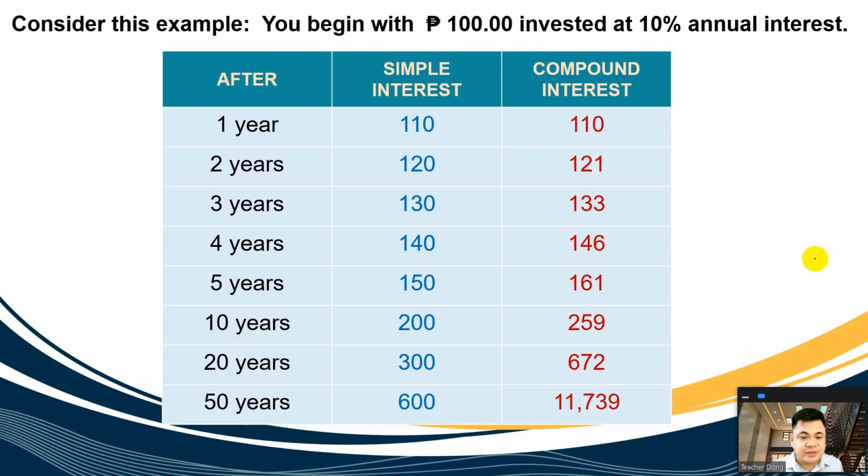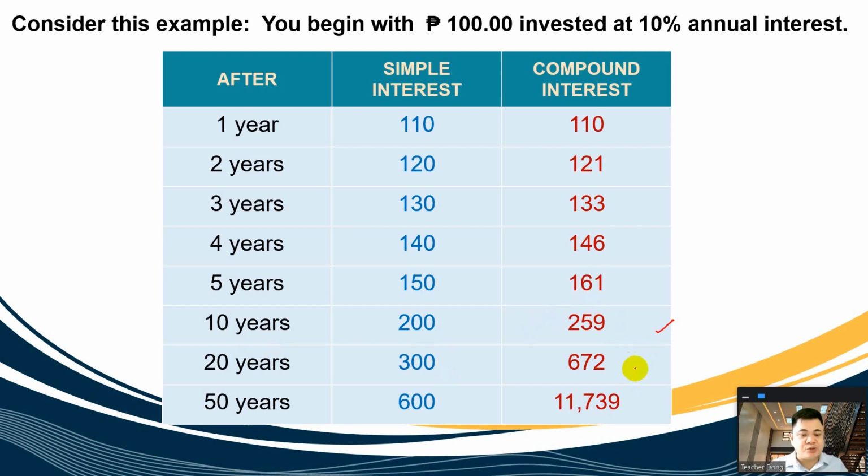If you reach the 10th year, for simple interest you're going to repay 200 pesos, while for compound interest it's now 259, a difference of 59 pesos. That's quite higher. For 20 years, it's 300 for simple interest, and for compound interest it's 672.